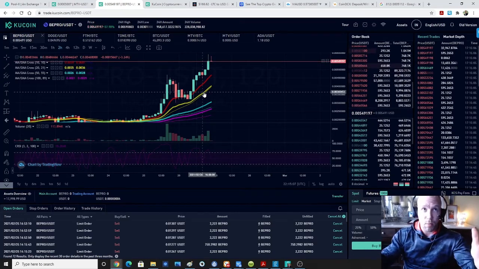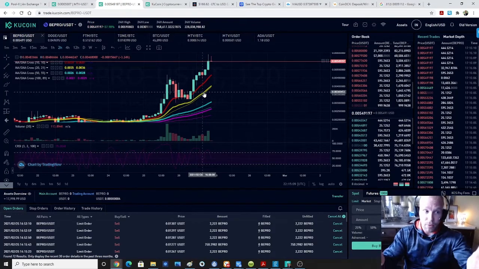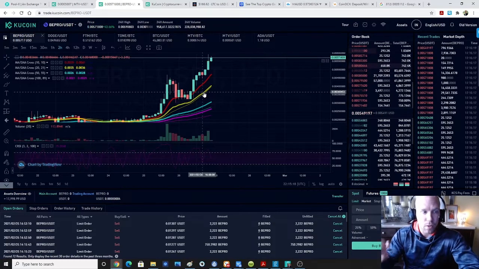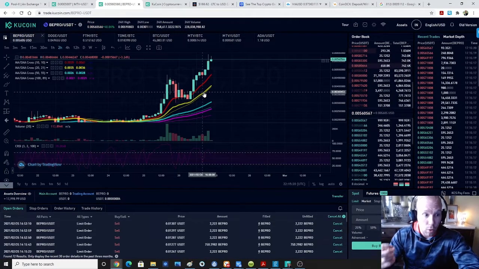So the simple moving average is literally a simple average, just like you are taught in 4th grade or whenever how to do that. But the exponential moving average considers more recent price more strongly.